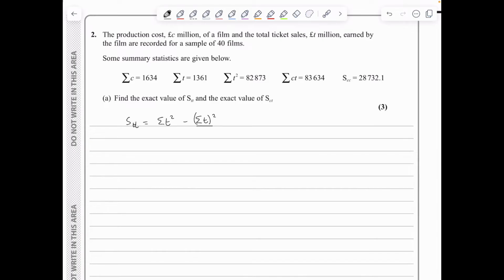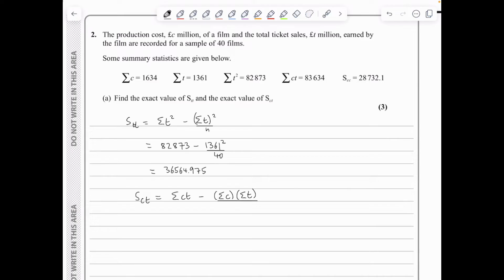So in our case, it's going to be 82,873 minus 1,361 squared divided by n, which was 40. And this gives an answer of 36,564.975. Now for SCT, the corresponding formula is the sigma CT minus the sigma C times the sigma T over n.